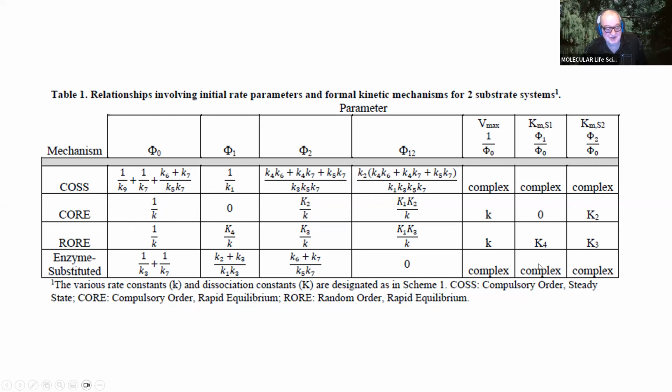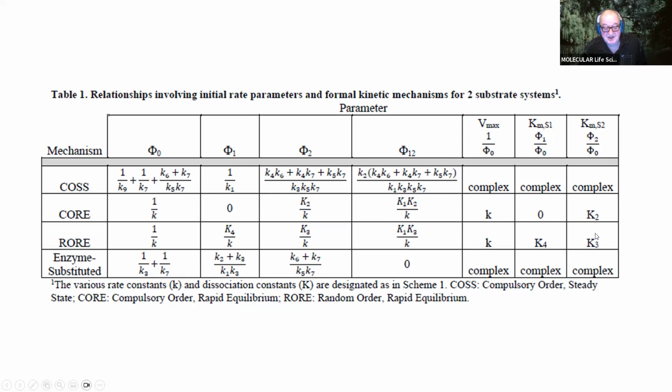Because these relationships, some of them are simple dissociation constants or rate constants, but they're not always the dissociation constant that you think. So for instance, Km for the first substrate in a random order rapid equilibrium mechanism is the dissociation constant, not from the free enzyme, but from the ternary complex.